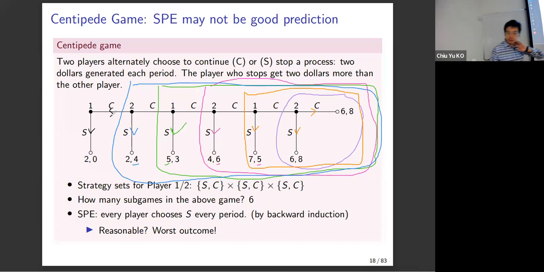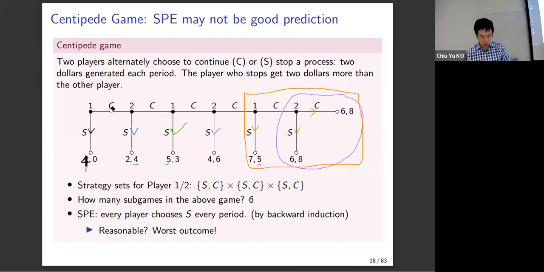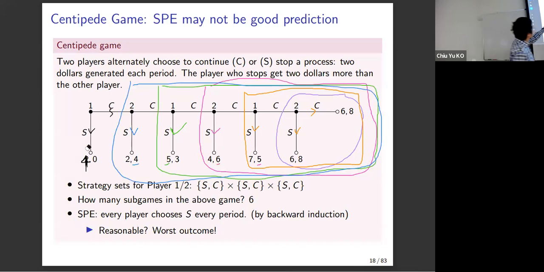Oh, I think this would be 4. I think this is the original setup, a typo here. It should be 4 here. So the only thing is stop every time, because that fits the idea that $2 grows at each one. So this would be 4. Sorry for the typo.